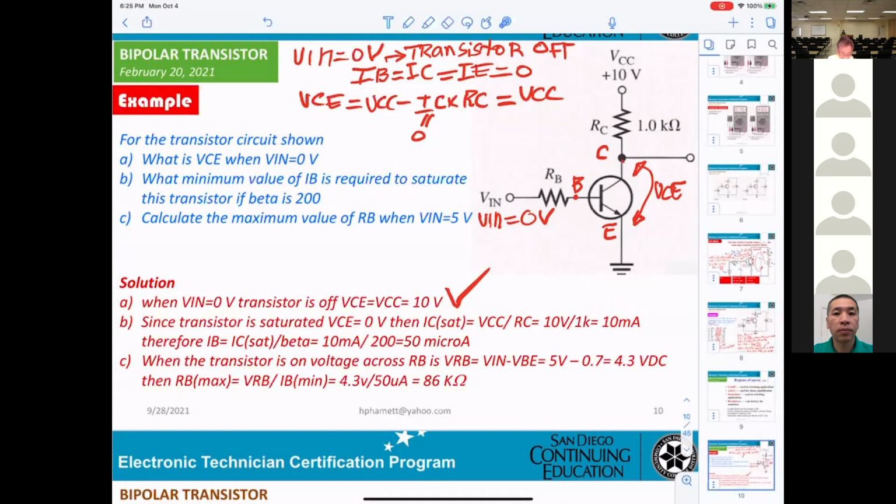IC we just calculated is 10 milliamp, divided by the beta they gave you, 200. So you get IB equal to 50 microamp. That is the minimum value of IB required to saturate it.